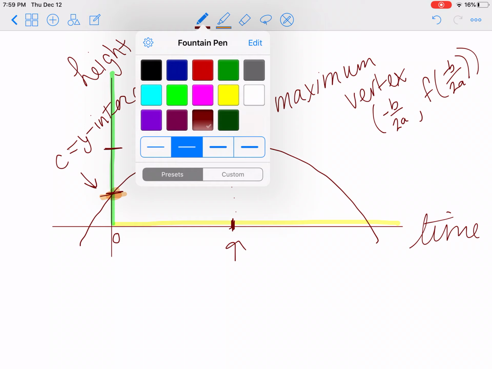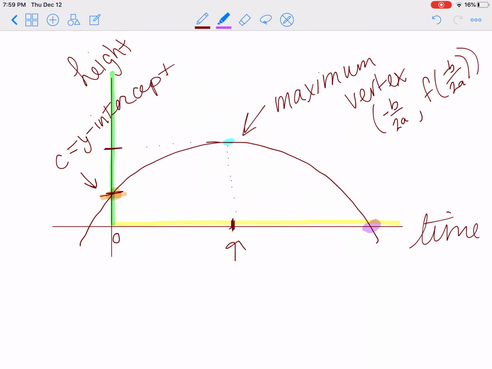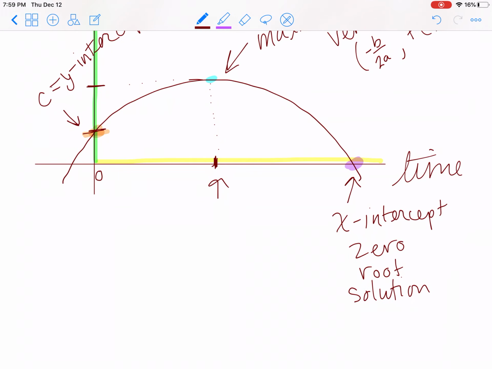The final one is probably the most frequent, and that is determining how long it takes for something to hit the ground. Now this spot is the x-intercept, which we also call the 0. Sometimes it's called a root. Sometimes it's called the solution. We have a lot of methods for finding the solution to these things.